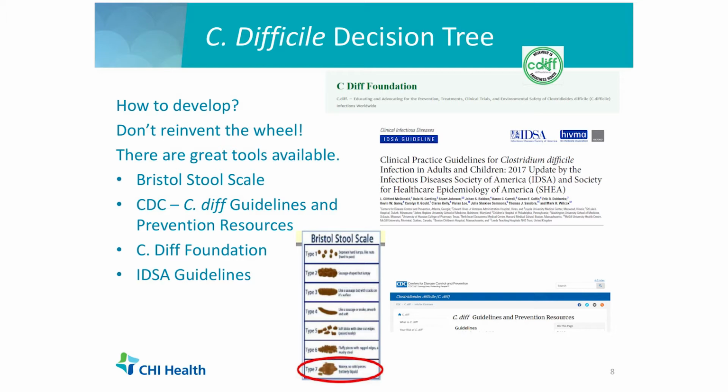There's actually a C. diff Foundation out there, which is kind of cool. I went on there and looked, and they have some really cool things. And then there's the IDSA guidelines, which we use extensively. These are in no order; I just put them in alphabetical order for ease. But we looked at all of these things and tried to make a useful tool that the staff could use.